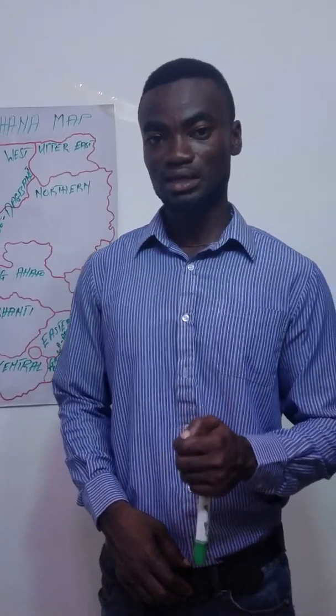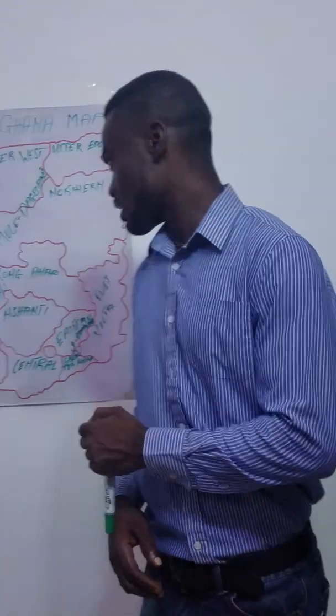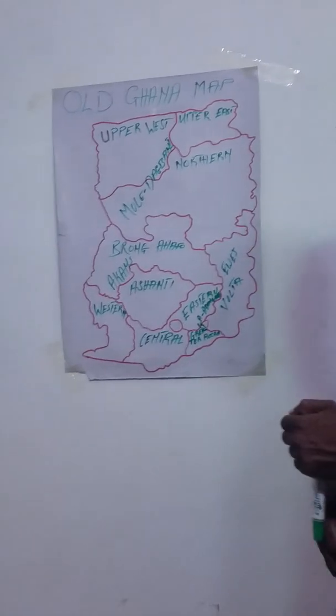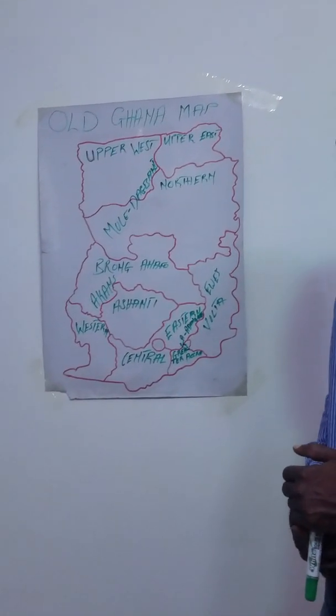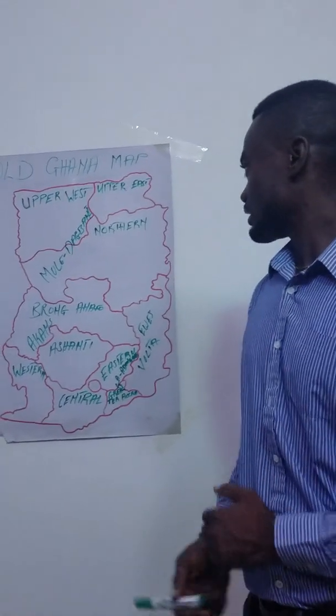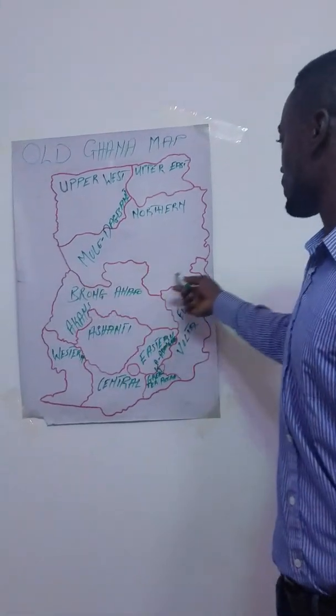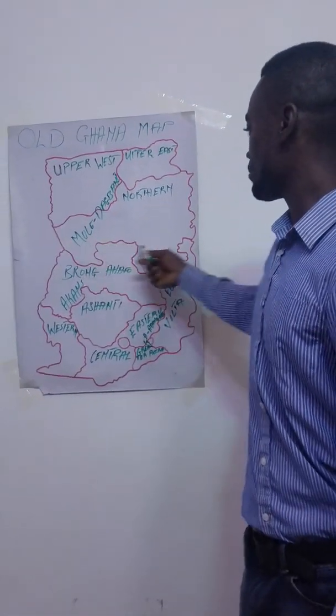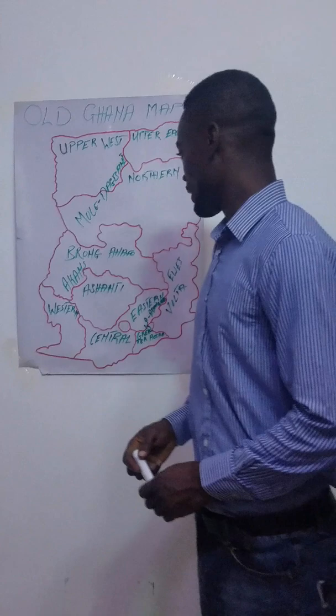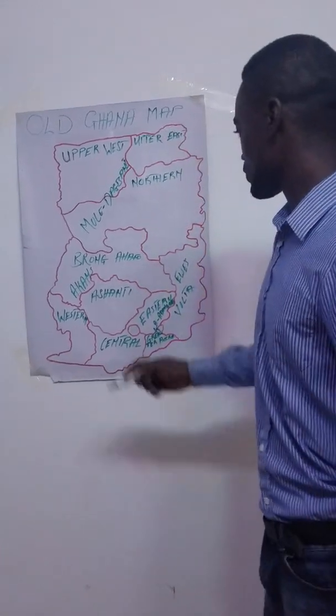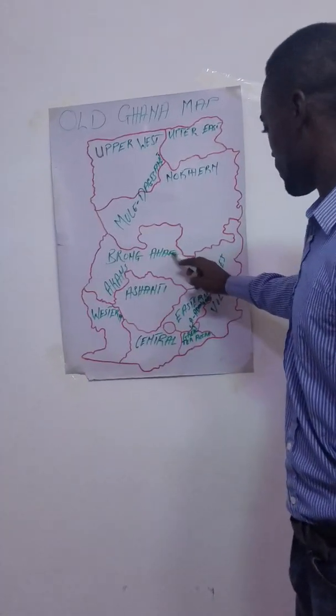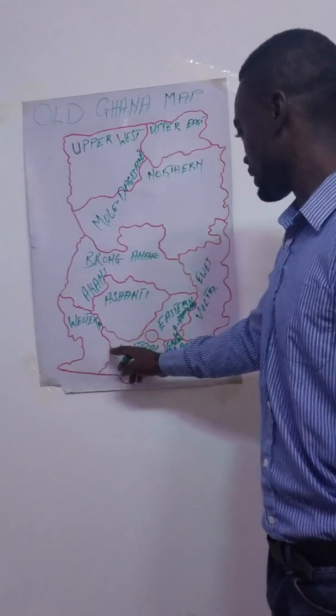For simple understanding's sake, we will use the old Ghana map to show where these people settled. The Mole Dagbani settled around the northern part of Ghana, and the Akans settled around the forest area of Ghana.